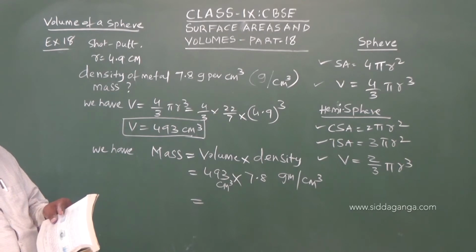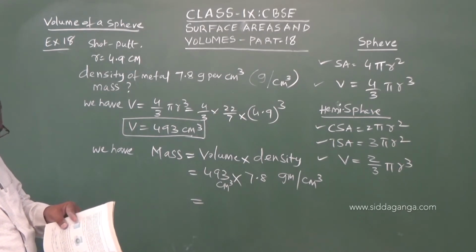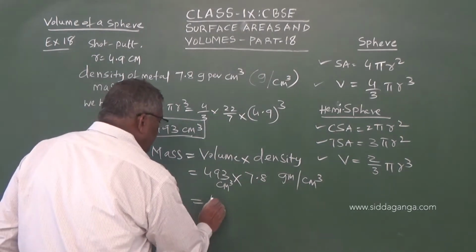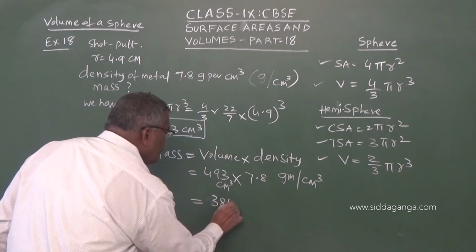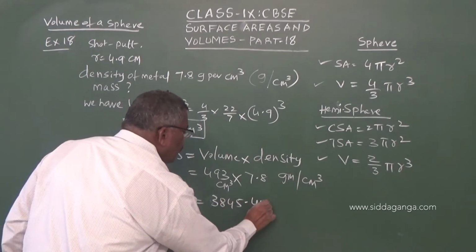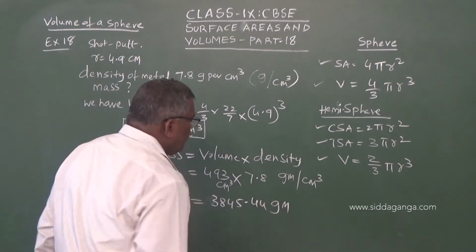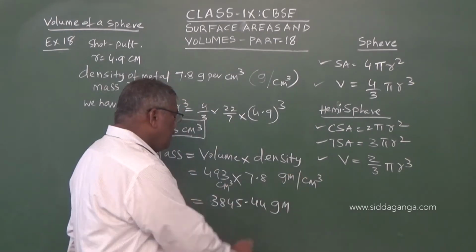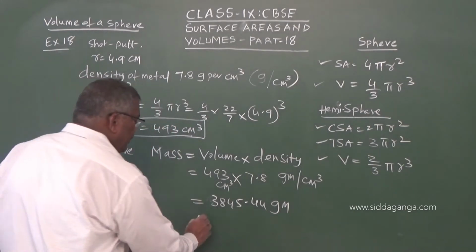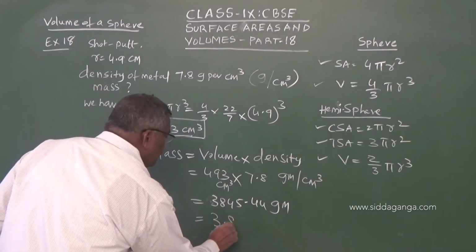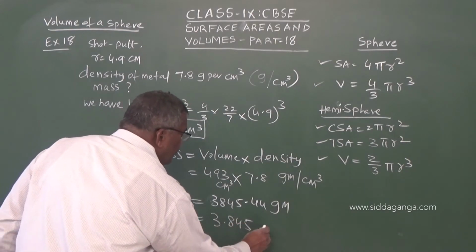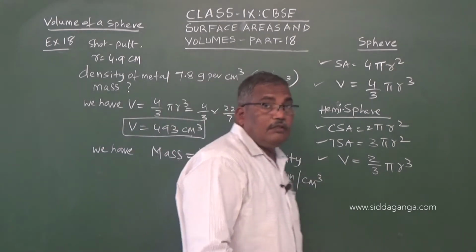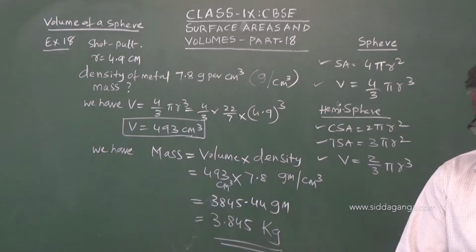You will get 3845.44 gram. Here centimeter cube and centimeter cube get cancelled, you will get grams, or if you divide by 1000 you will get 3.845 kg. So the shot put weight is 3.845 kg.